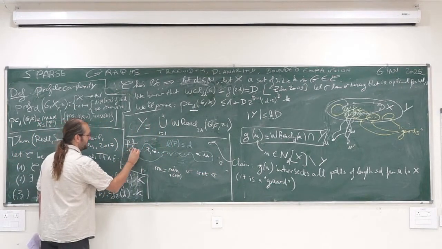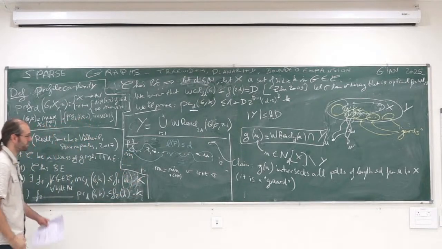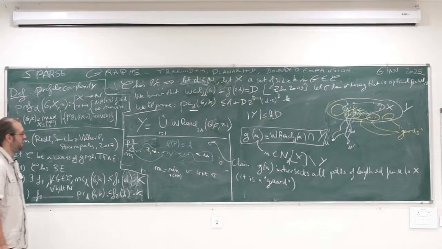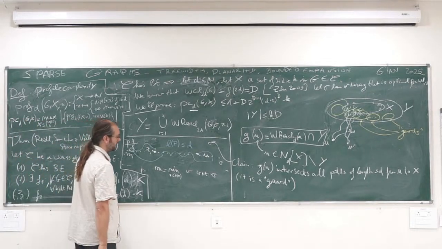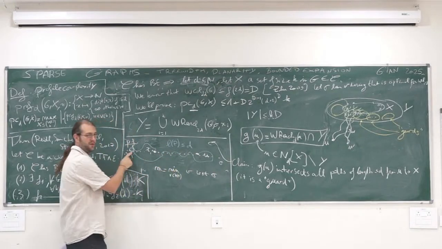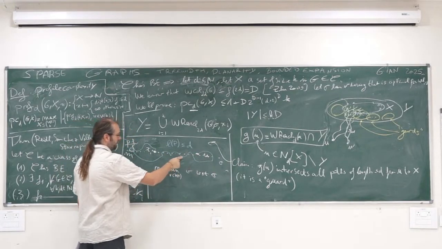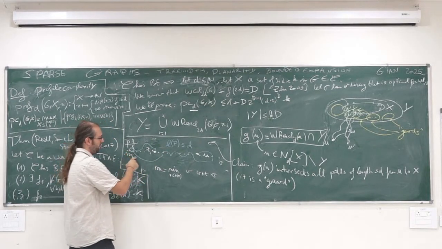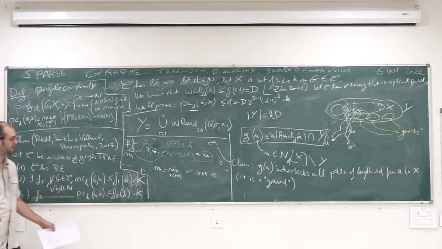This is my M. But now what you observe, since this is the minimum, this is witnessing the weak reachability of M from U. Right? So that's the proof.